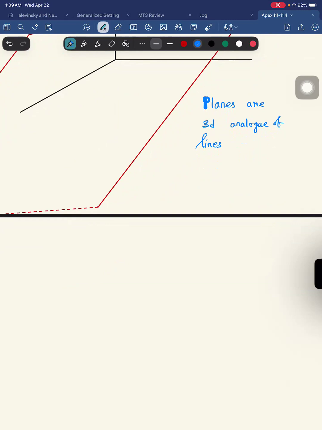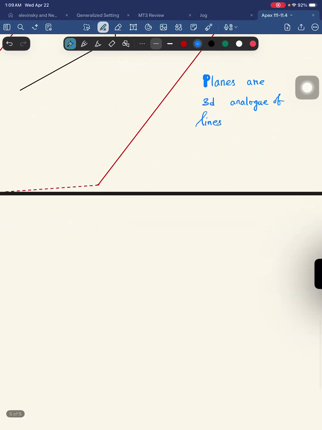What is the equation of a plane? Well, these are defined by inequalities, to be honest. For example, look at this example in the textbook itself.